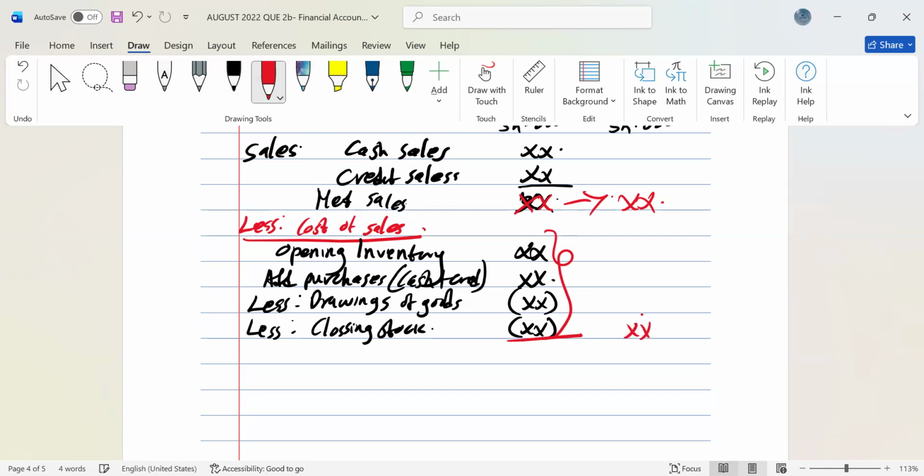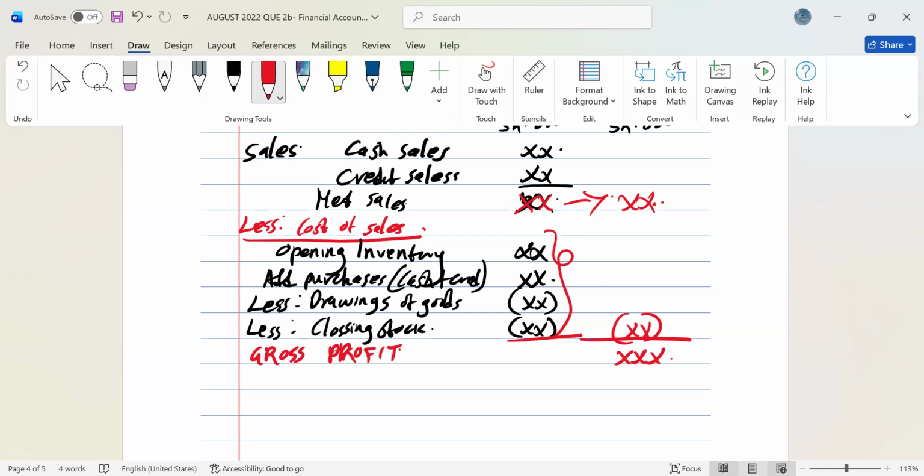That will be our cost of sales. This is what we less. So if we less on that, we are going to get what we call gross profit. Are we together up to that point?